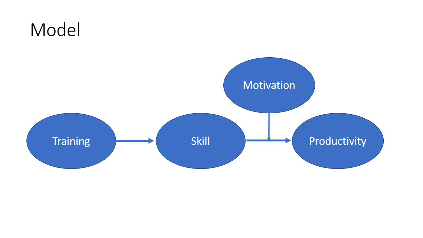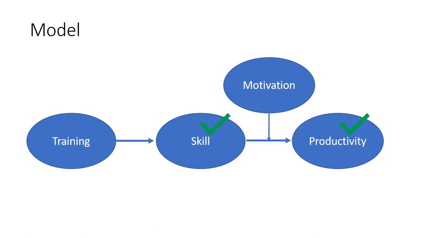If you see, you will notice that these two variables, productivity and skill, are being influenced by other variables within our model. Our model currently has these four variables, but skill and productivity are being influenced by other variables.